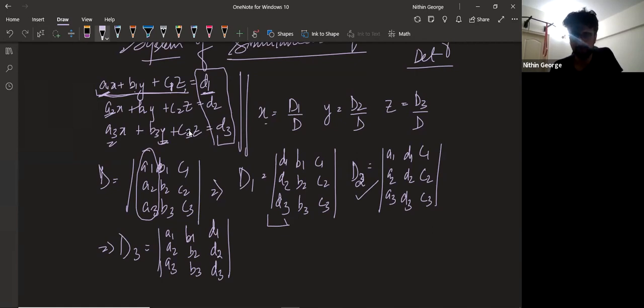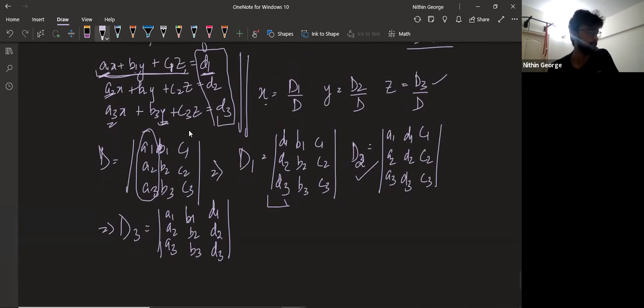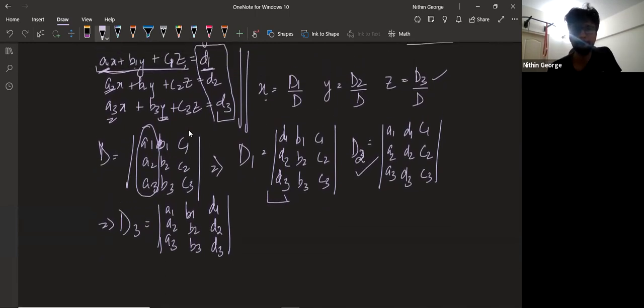And z is d3, which means you replace the z coefficients with d1, d2, d3 to get d3. D should be the coefficient matrix here. This is as simple as that. So just remember this, guys.